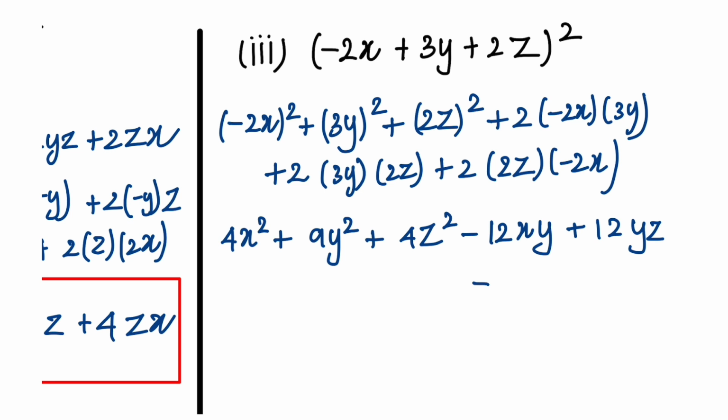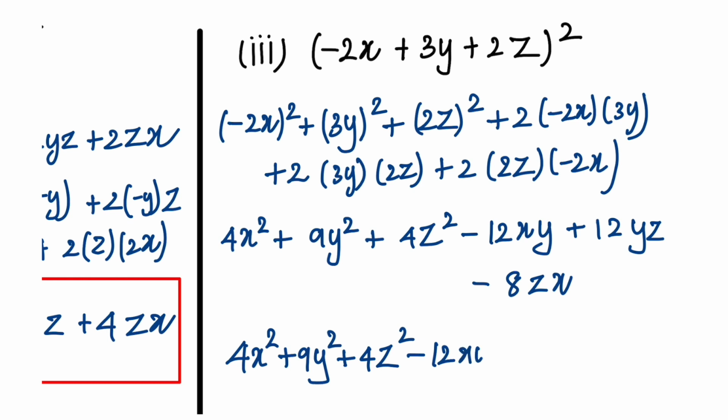So minus 2 times 2 is 4, 4 times 2 is 8zx. Let me just rewrite the answer here. So 4x squared plus 9y squared plus 4z squared minus 12xy plus 12yz minus 8zx.